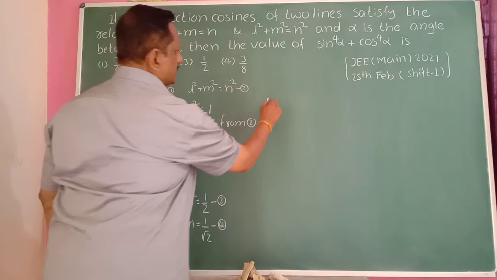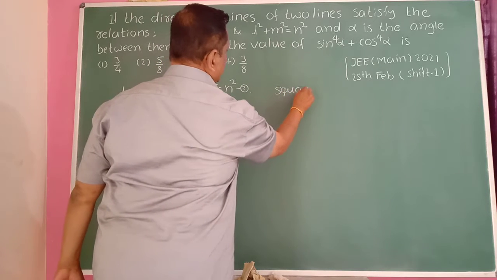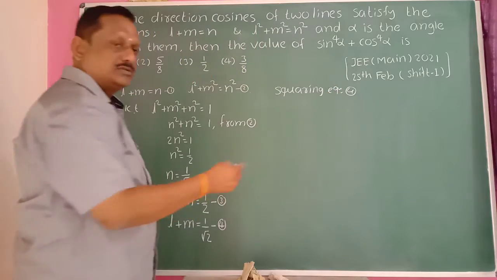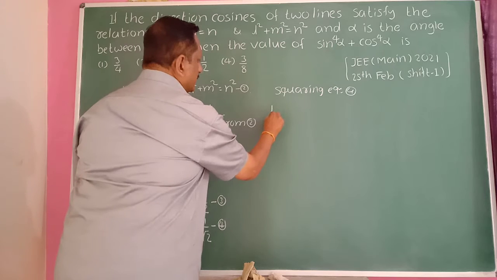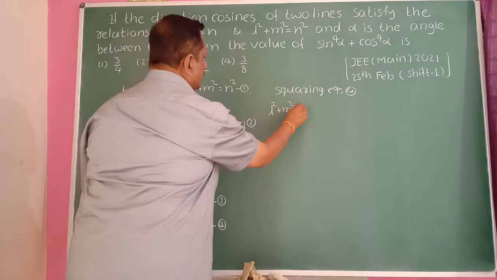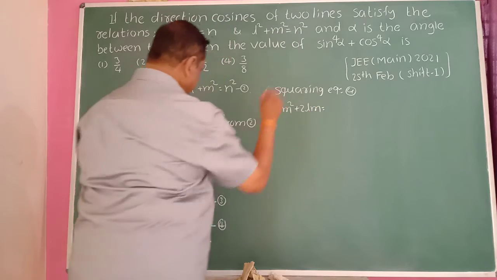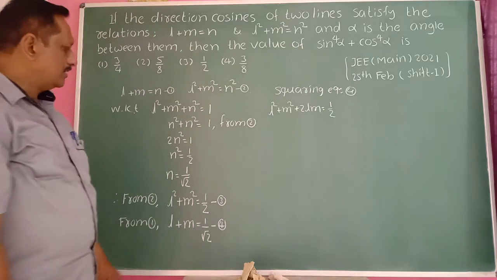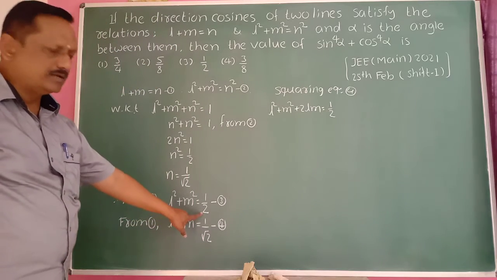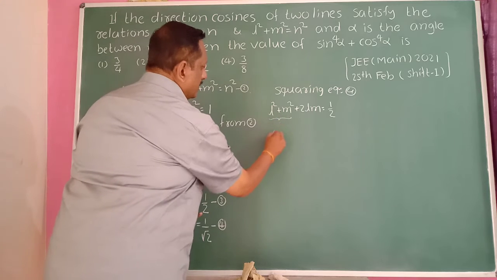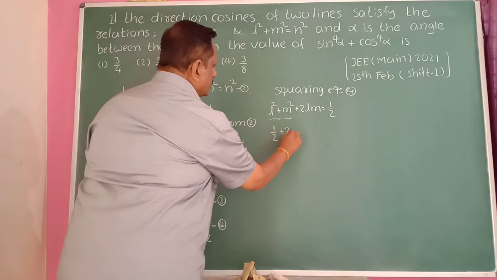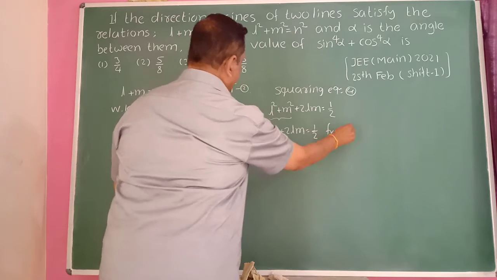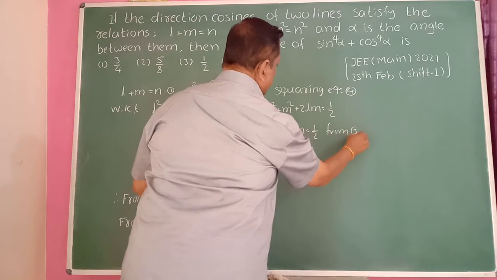Squaring equation 4 on both sides, we get l² + m² + 2lm = (1/√2)², which is 1/2. But l² + m² is 1/2, from equation 3.